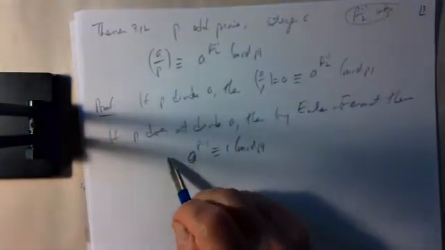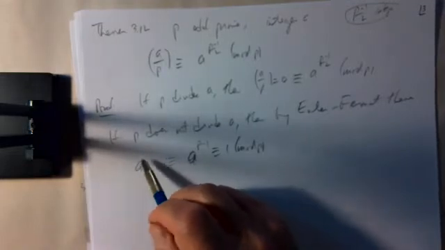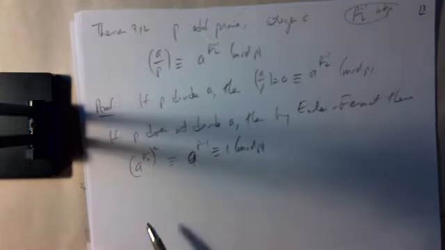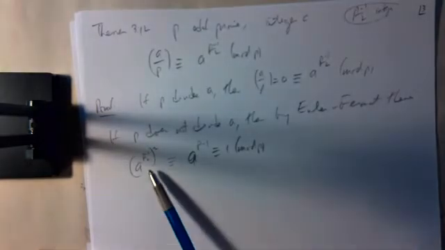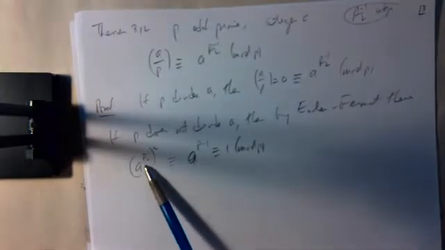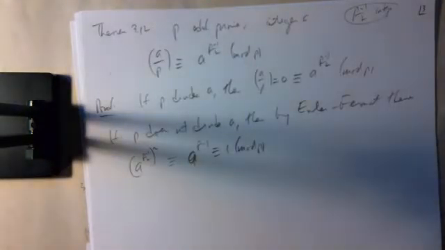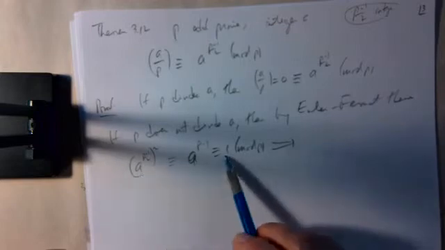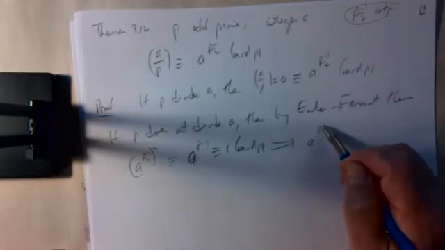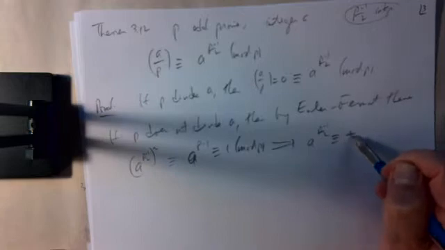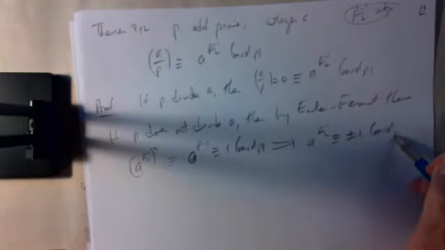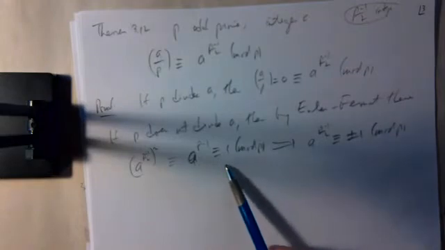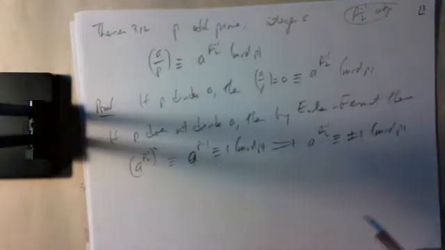And a to the p minus 1 is a to the (p minus 1) over 2, squared, just by the rules for exponents. So this number squared is 1. So a to the (p minus 1) over 2 is plus or minus 1 mod p. Of course, there are only two numbers whose squares are 1 mod p, plus 1 and minus 1.